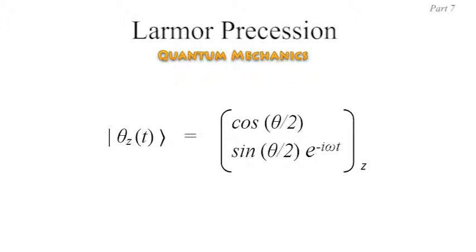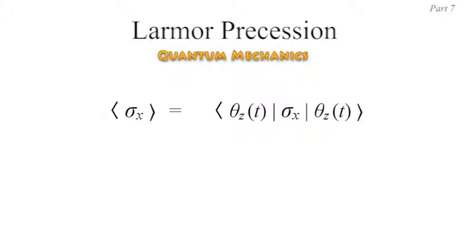Let's first do it for the x direction and ask what is the expectation value of sigma x for this time-dependent theta state. To find this, we sandwich the operator sigma x between the bra vector of the time-dependent state and the ket vector of the same state, which is written like this.